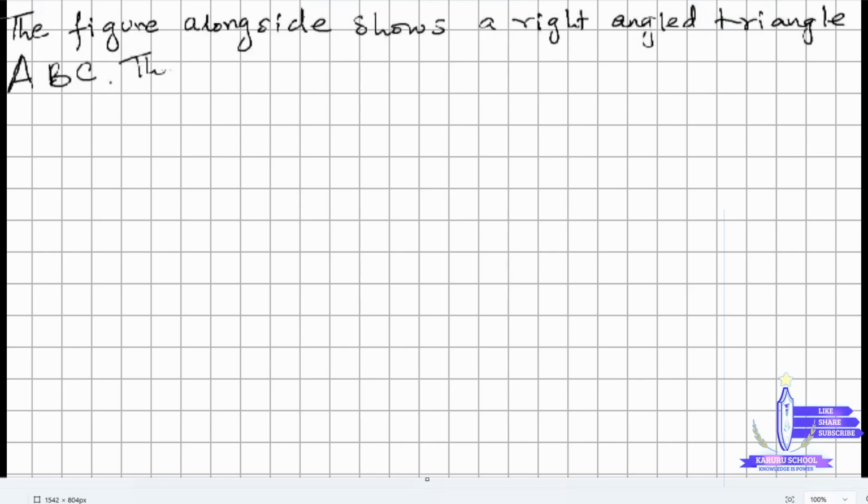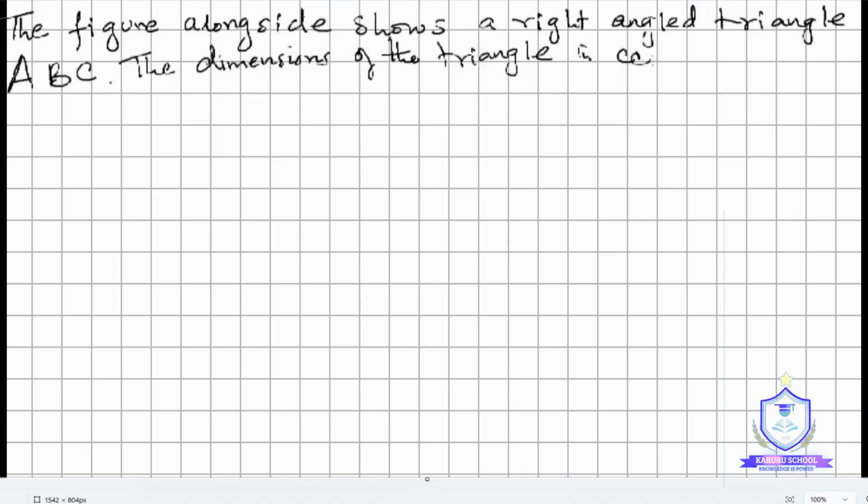The dimensions of the triangle in centimeters are given in terms of x.